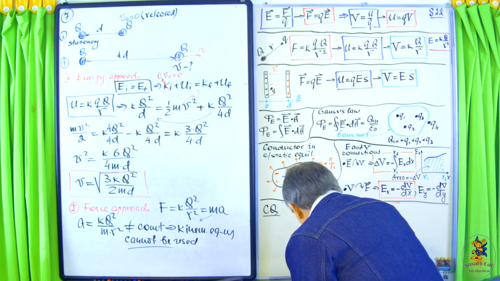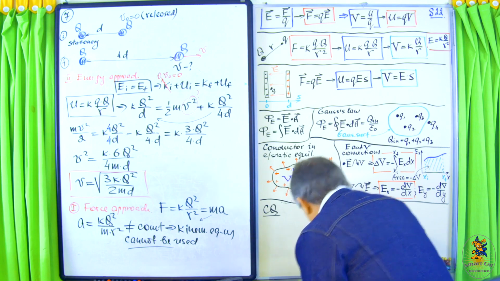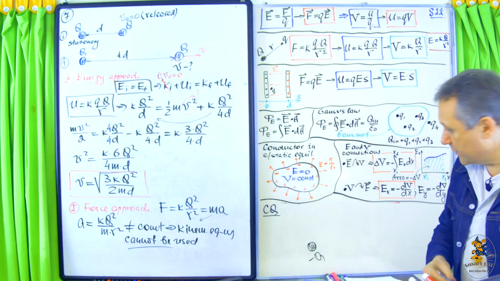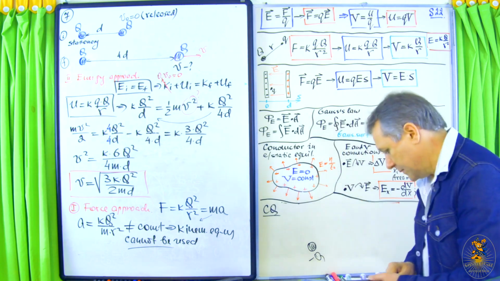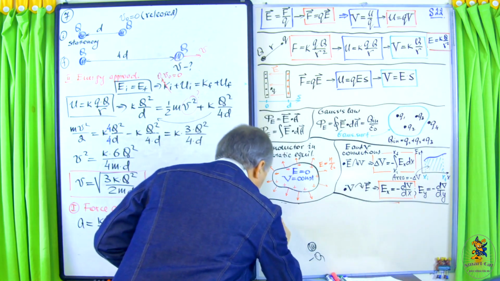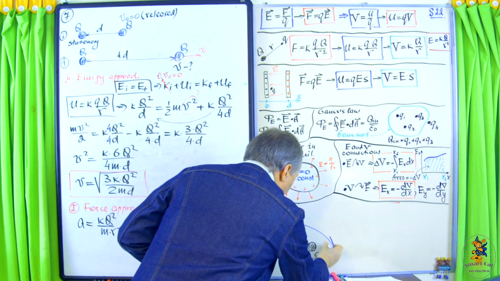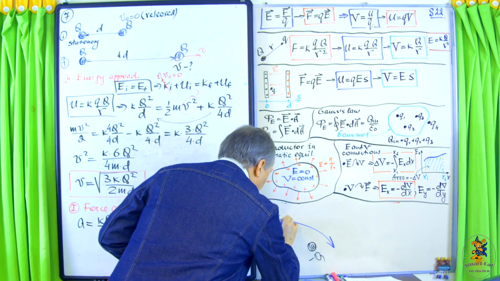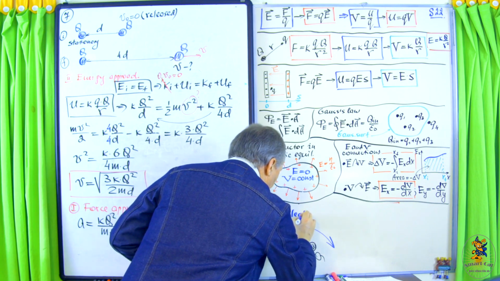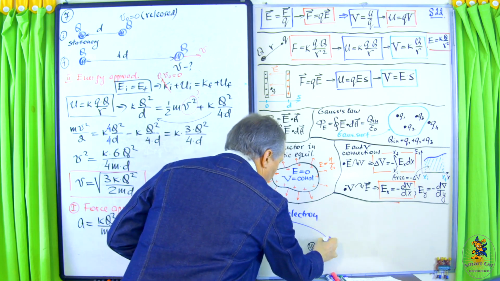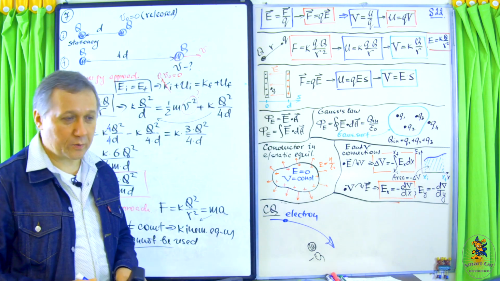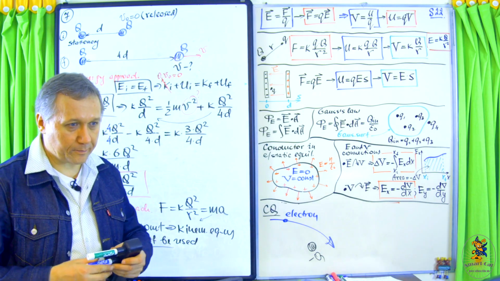So that's my charge, minus Q capital, and there is an electron flying like this. And that's an electron, and you see the direction of its motion. So that's basically a trajectory of that electron.